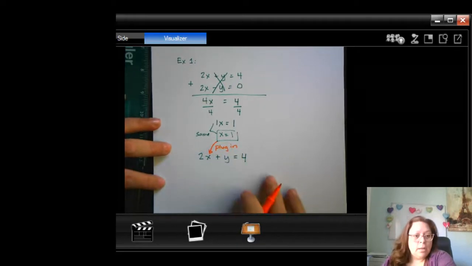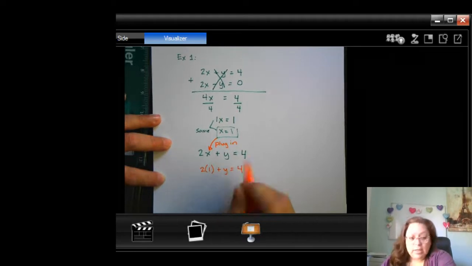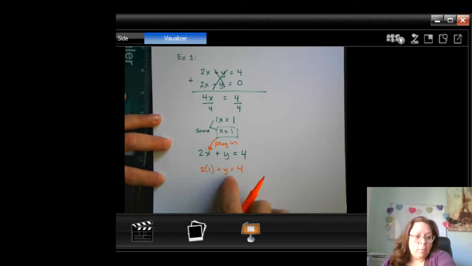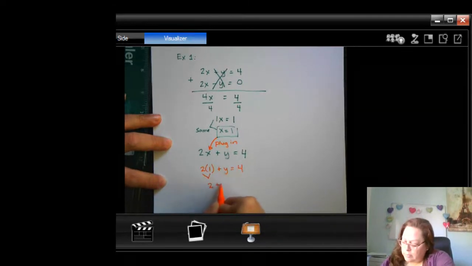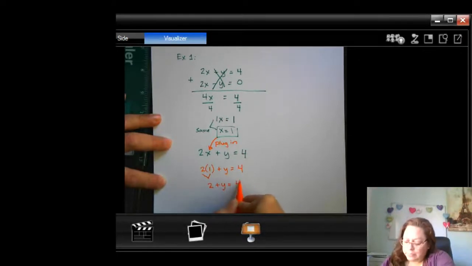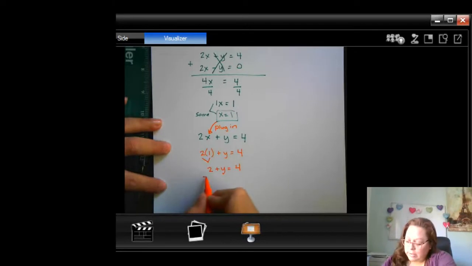So now you have 2 times 1 plus y equals 4. This will allow you to solve for the y variable, right? So multiply these two, you get 2 plus y equals 4. The last thing you want to do is subtract 2 from both sides.